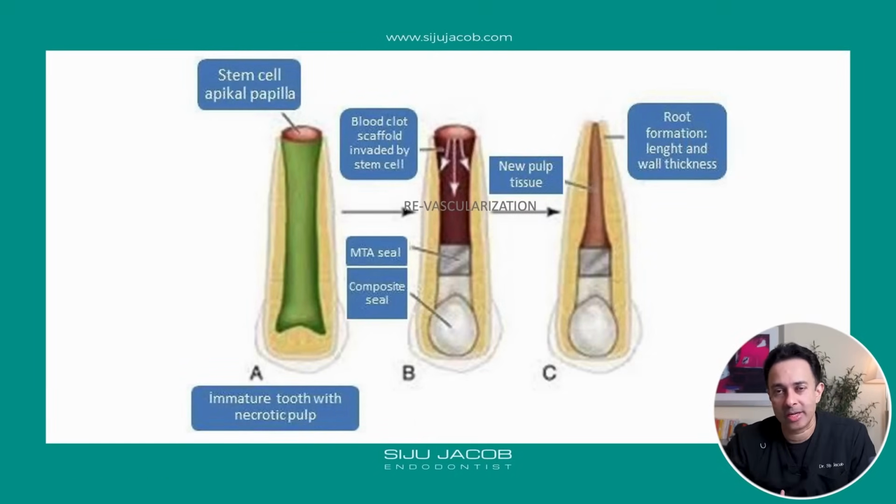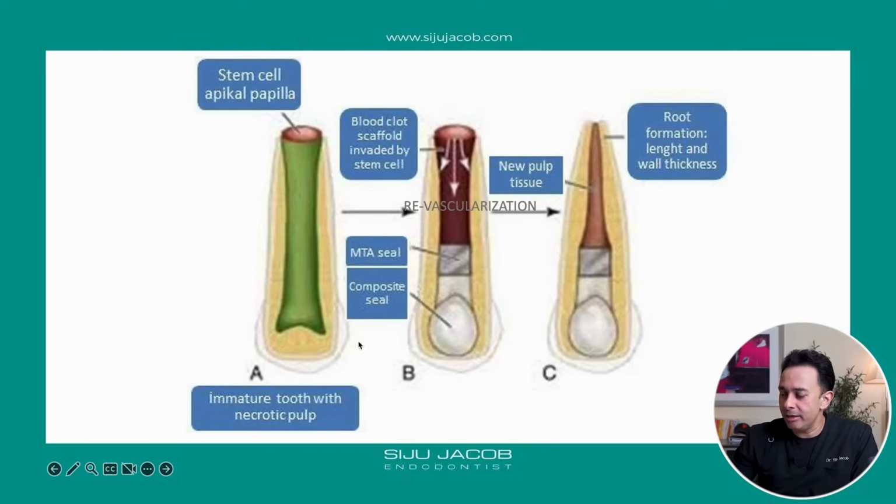So what is revascularization? The theory is that even if the tooth is completely necrotic, at the apical part, we are going to find what we call stem cells in the apical papilla. Okay, and these stem cells are capable of regeneration.